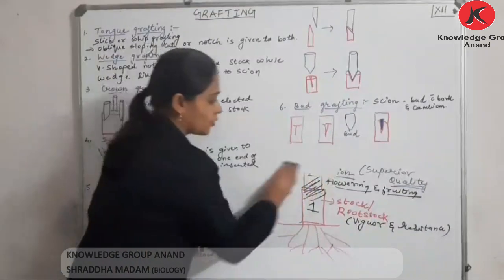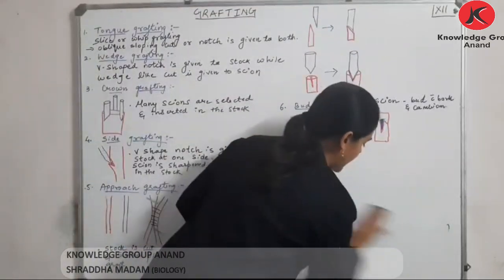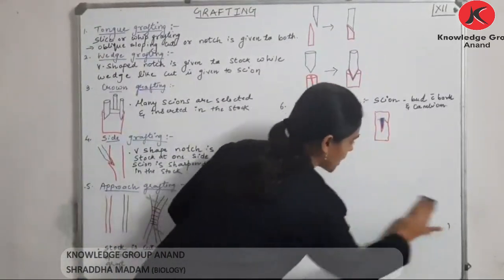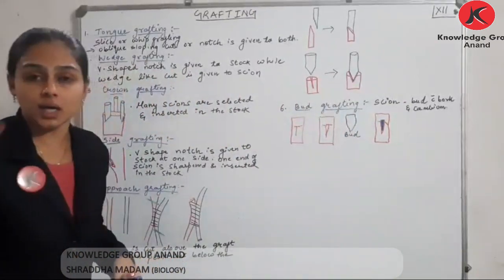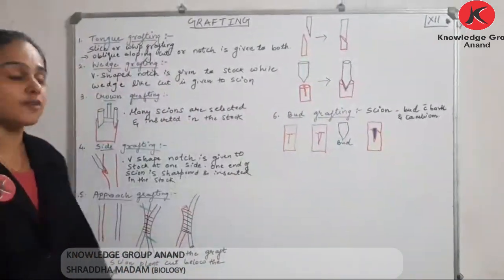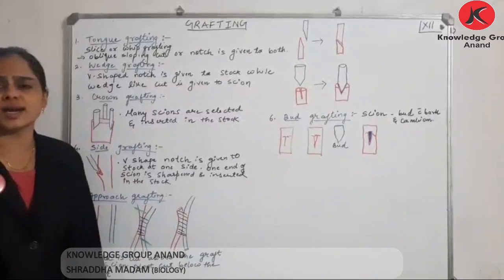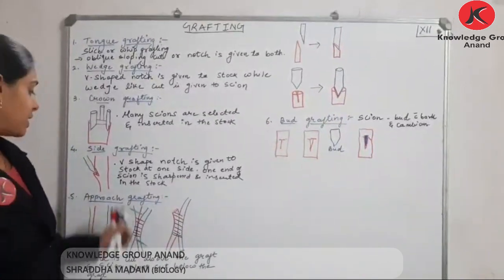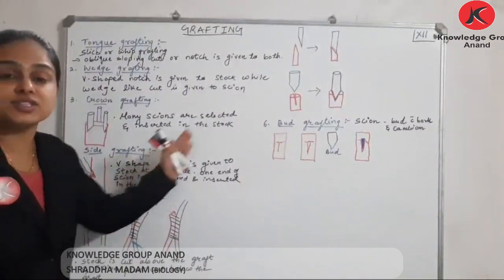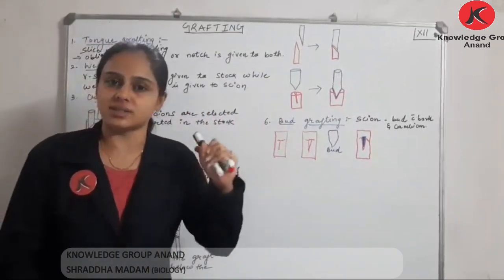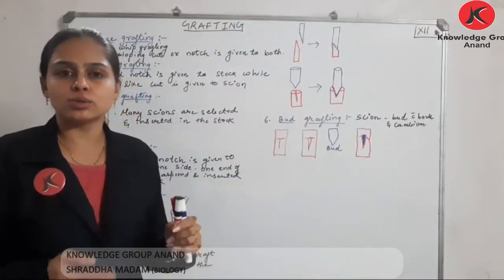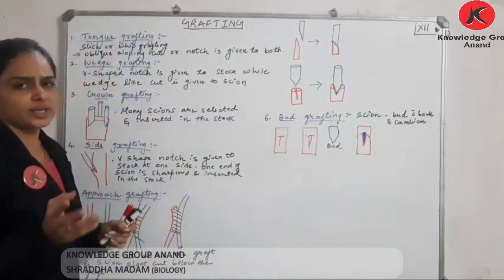So now we are going to discuss types of your grafting. As you can see over here, there are 6 types of grafting. Number 1 says stem grafting, crown grafting, wedge grafting, approach grafting, side grafting and bud grafting. ठीक है? So one by one we are going to discuss. Okay? It is very easy.